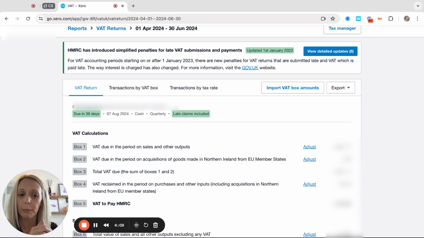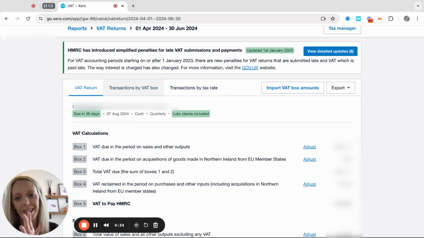For cash, it's based on when you actually make the payment or your customers pay you. A lot of small businesses are on a cash basis, because then you're not paying over money to HMRC that you haven't then received yourself. So just double check that you are on the right one. And then you can check all the figures either by VAT box or by tax rate, whichever you prefer.